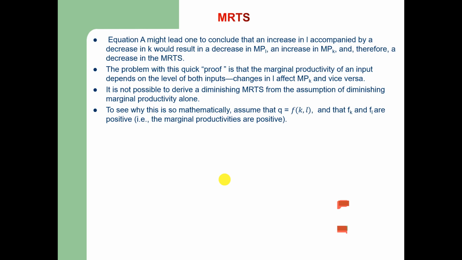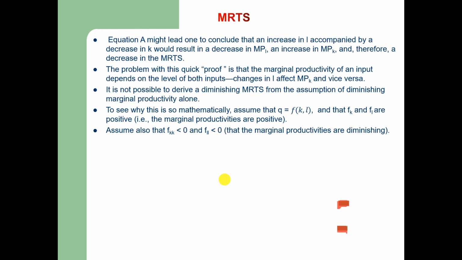Also assume that the second order partial derivative with respect to capital and the second order partial derivative with respect to labor, that is, the marginal productivities, are both diminishing, they are less than zero.